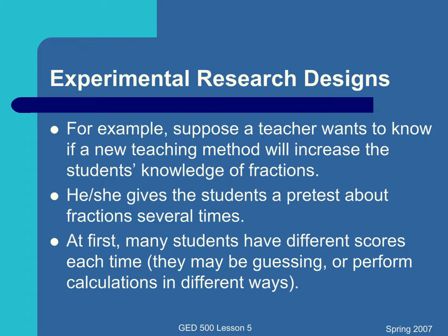So another example of this is, suppose a teacher wants to know if a new teaching method will increase the students' knowledge of fractions. So they give a pretest about fractions several times, and at first the students may have different scores each time when they're performing in different ways, but eventually over time they're going to be getting similar scores, ideally.